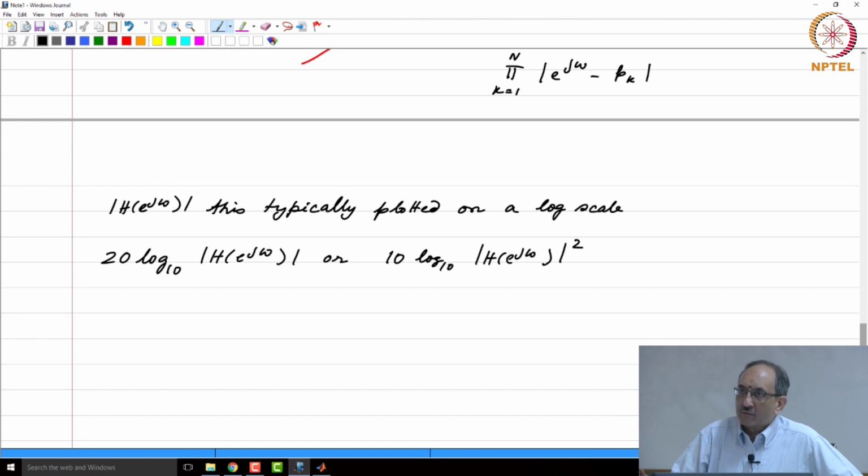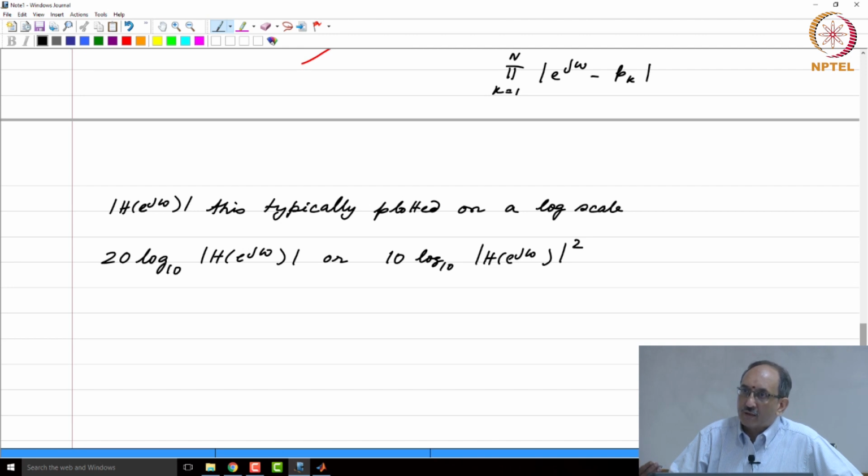The reason why you are going to plot this on a log scale is, if you are looking at say a low pass filter, and you are looking at the stop band, and filter A has attenuation of say 30 dB and filter B has attenuation of say 60 dB.